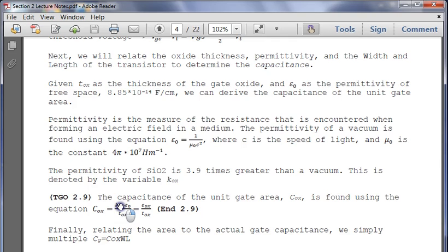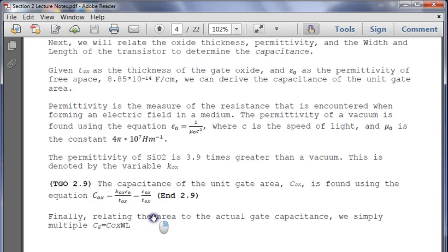And then we're dividing this by the actual thickness of the oxide, and that's 10.5 times 10 to the negative 8. Oftentimes you'll see it defined in this manner, the permittivity of oxide divided by the thickness of the oxide. So the way you would do that is you would just multiply 3.8 times 8.85 times 10 to the negative 14. You get your permittivity of the oxide. The thickness will also be given. And now we have our per unit area equation.